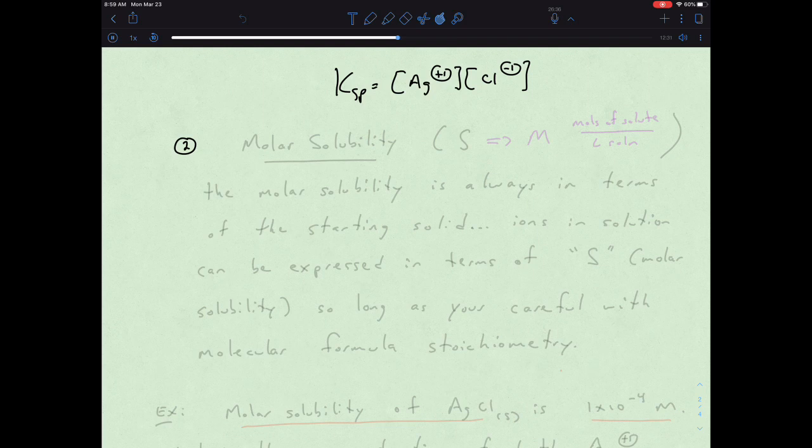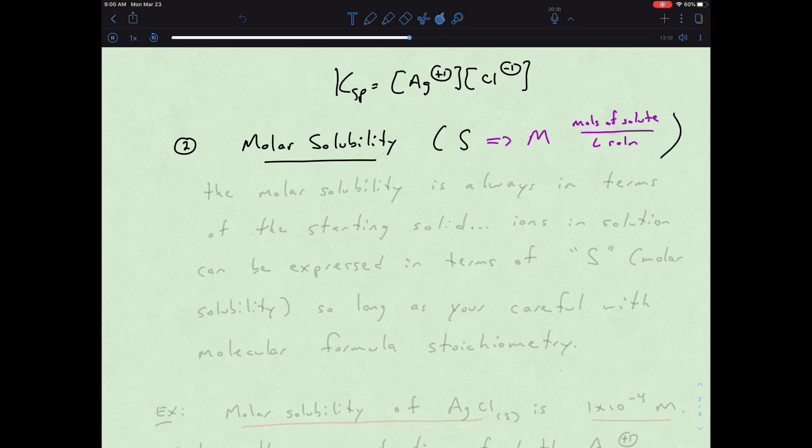The second piece to our rules is this idea of molar solubility. Molar solubility is given the moniker of S, but really this is just molarity, or moles of our solute per liter of solution.